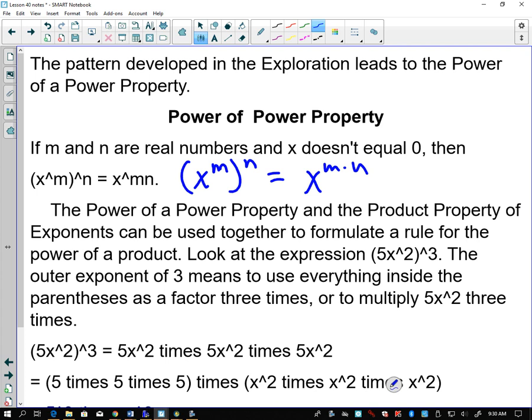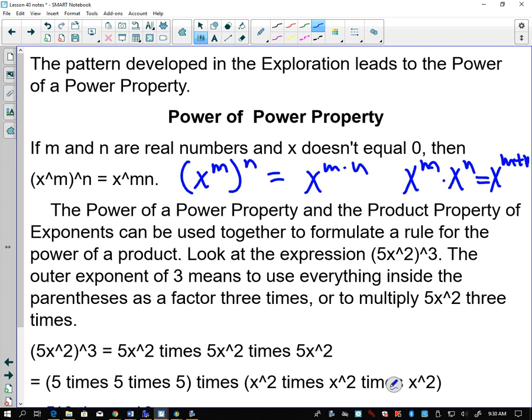People, once you learn this, the big problem that you're going to have is knowing the difference between this and the product rule. Those two things people flip-flop all the time.